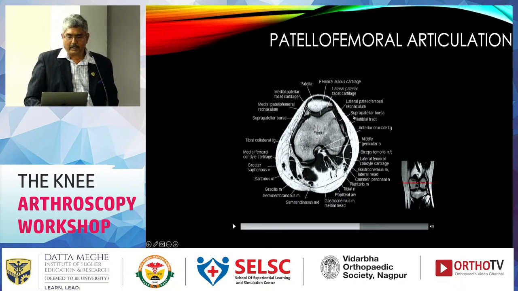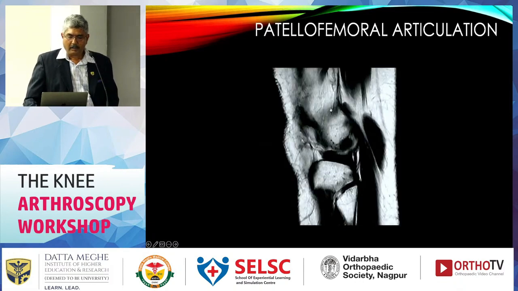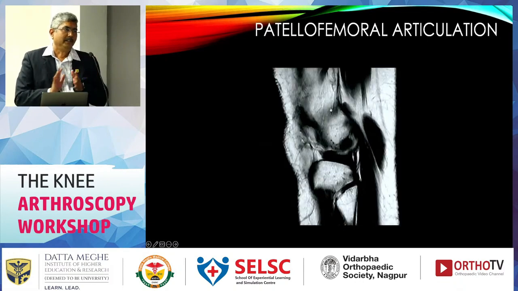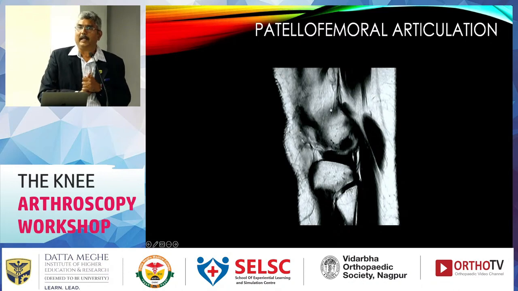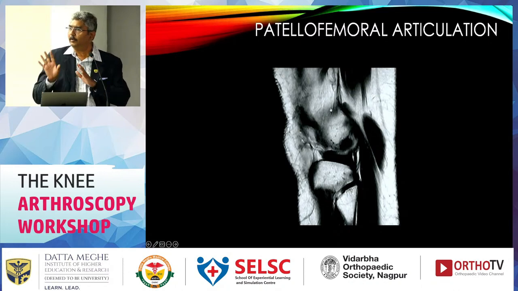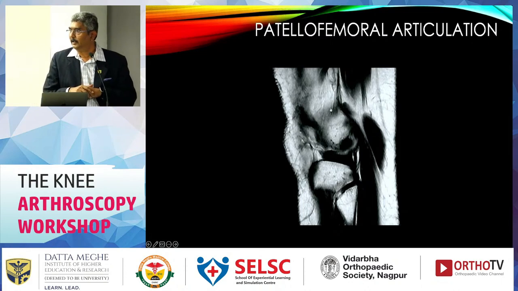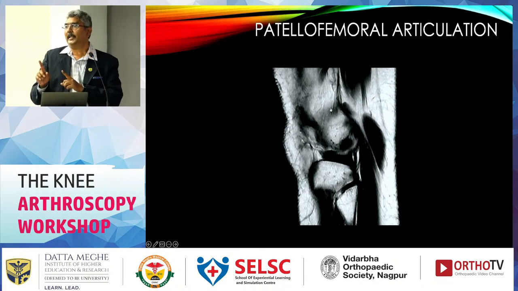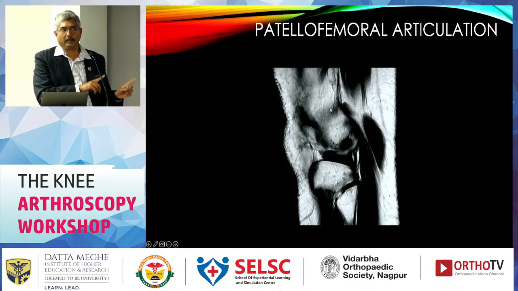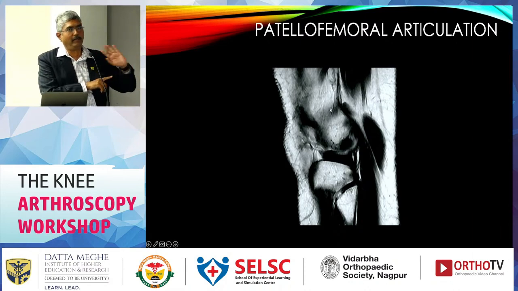Pay attention to the articular cartilage seen here. All the ligaments I said are black because they are fibrocartilage. But the articular cartilage is a hyaline type of cartilage, so its appearance will be different. All these fibrocartilages, because of major fibrous content, will be black.